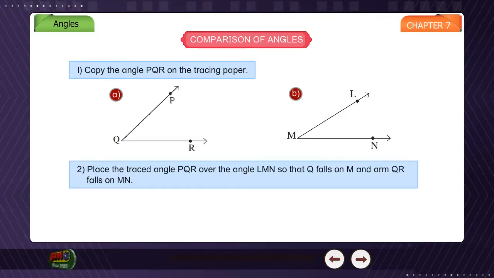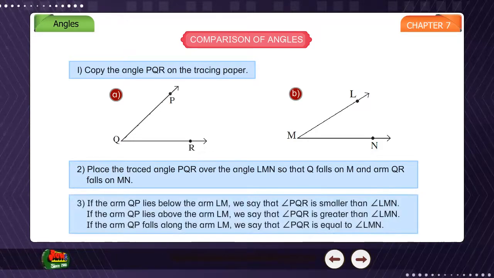2. Place the traced angle PQR over the angle LMN so that Q falls on M and arm QR falls on MN. 3. If the arm QP lies below the arm LM, we say that angle PQR is smaller than angle LMN.